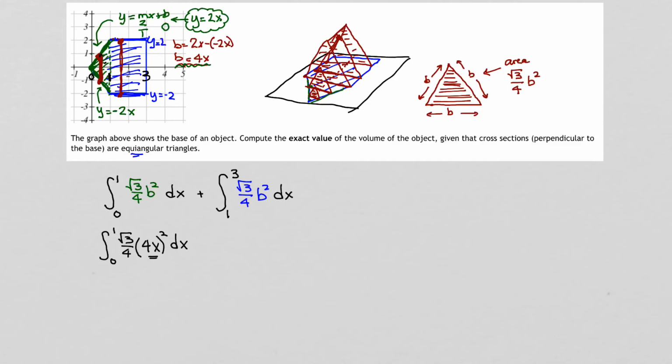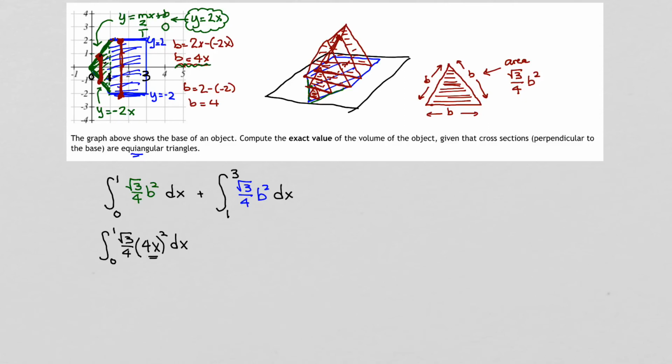If I want to know the base, or the distance here to here, I could think of it as 2 minus negative 2, which is 4. Or I could simply count, right? 1, 2, 3, 4 units is how long those bases are along the blue region.